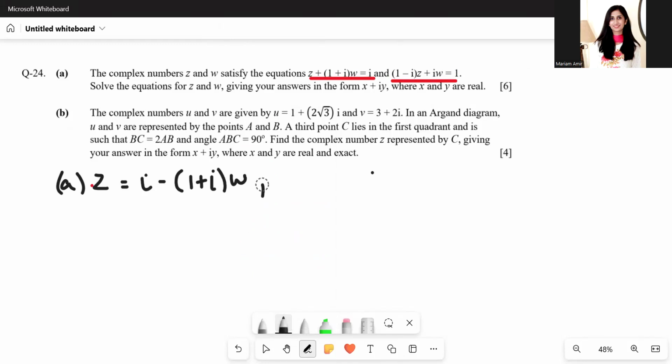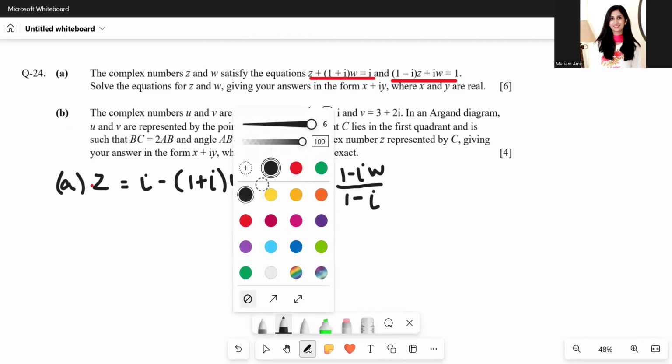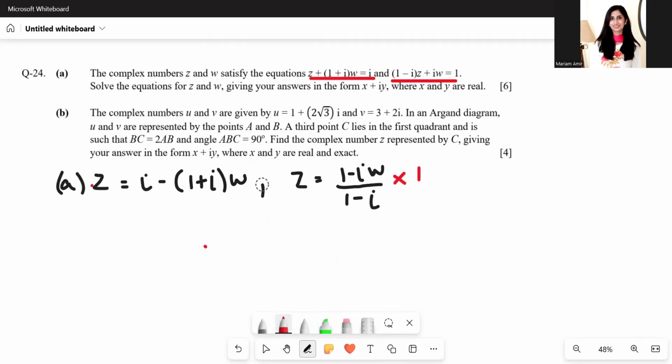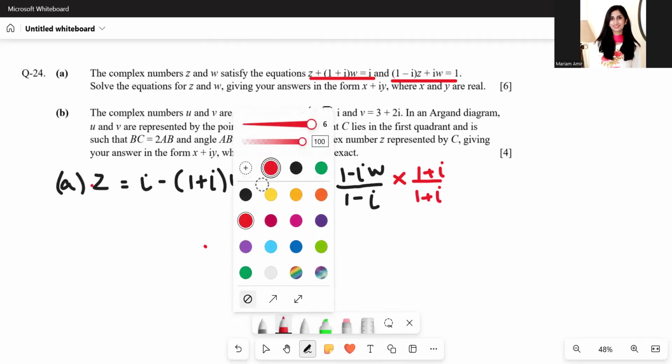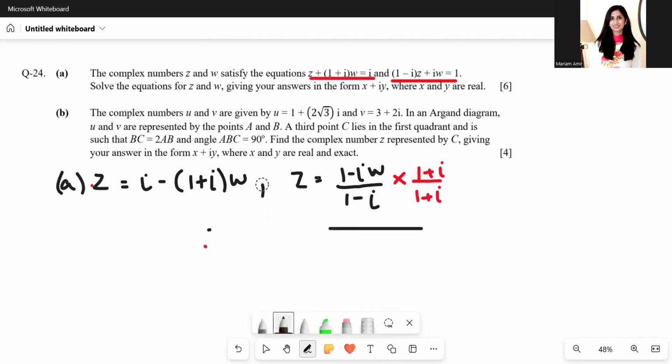And for the second equation, I'm getting z equals (1 minus i)w, and then 1 minus i goes in the denominator. And then we'll also need to rationalize this. Okay, so the denominator would become a squared minus b squared. i squared is also -1, so 1 minus minus 1, that's a 2.